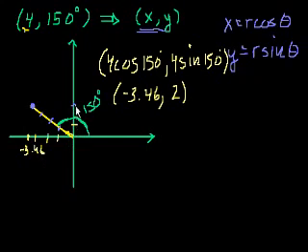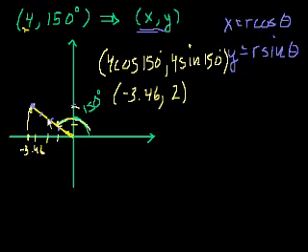And then we go up 1, 2. That looks like about positive 2. So our intuition was right. You could either orient yourself into the 150 degree direction and then march 4 in that direction, or you could say, I'm going to go minus 3.46 to the left and 2 up. So we've just done a transition from polar to Cartesian coordinates.